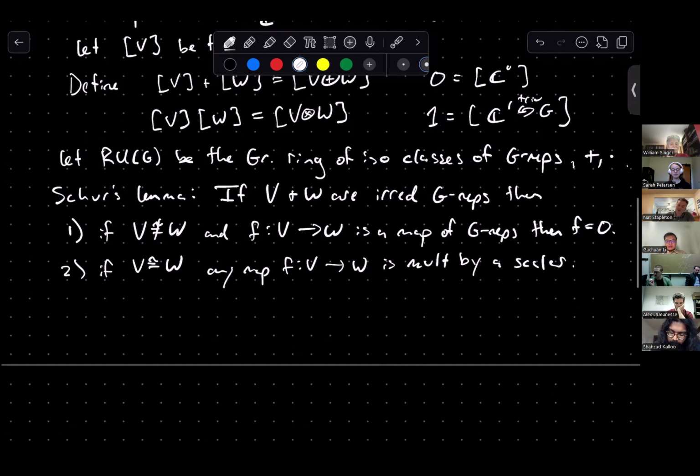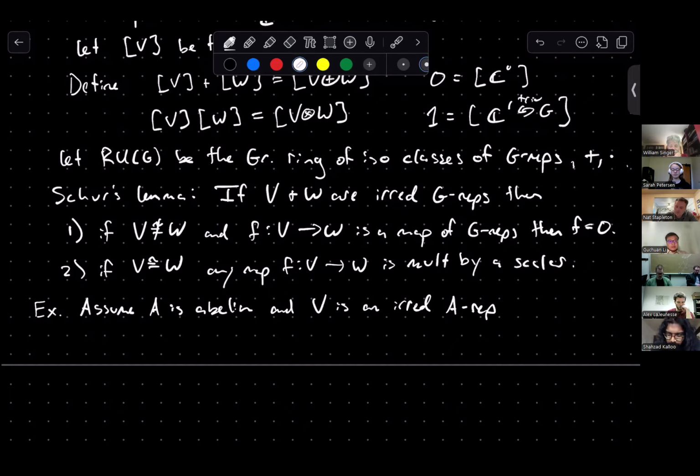So the first one is to representations of abelian groups. So this is an example. Haven't had a lot of examples so far. So let's assume that A is an abelian group, and V is an irreducible A representation.